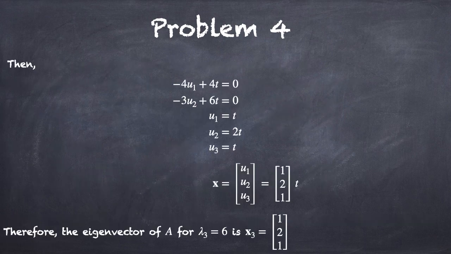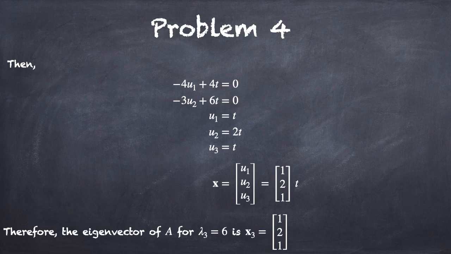So yes, in this slide I haven't made that mistake. So -4 u1 plus 4t is 0, and -3 u2 plus 6t equals 0. We solve these two equations and get u1 equals t, u2 equals 2t, and u3 equals t.